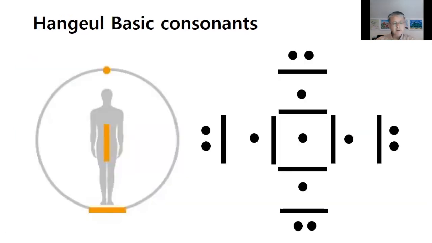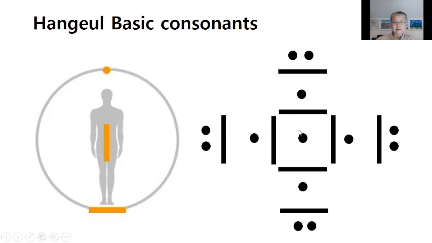The basic vowel letters of Hangul are made in shapes that represent sky, earth, and people. And again, other basic vowels of Hangul are made by adding one stroke to the basic characters.